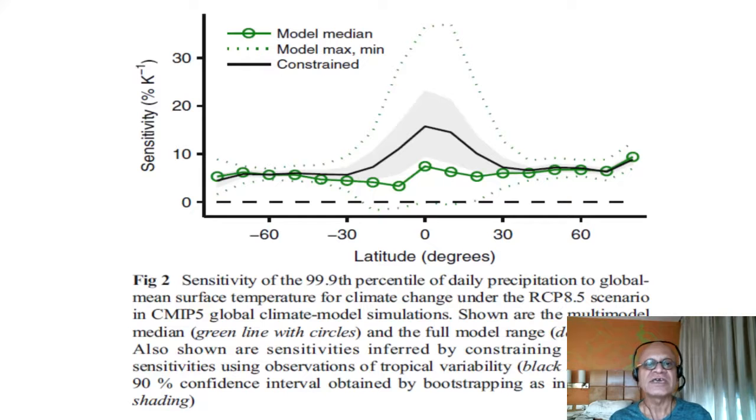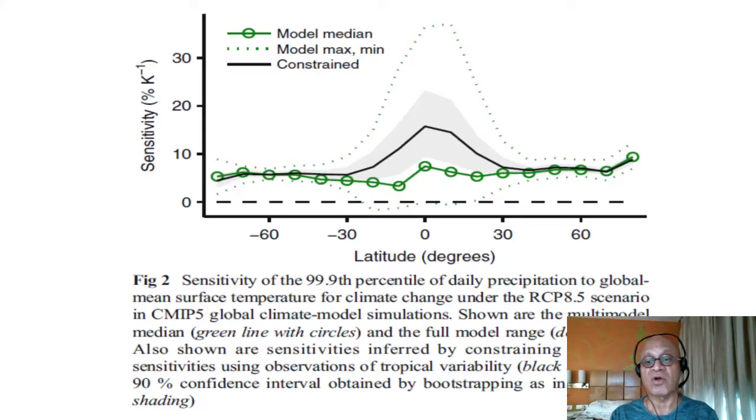So here again, looking at the models now, sensitivity of the 99.9th percentile of daily precipitation to global mean surface temperature for climate change under the RCP 8.5 scenario, which is 8.5 watts per meter squared imbalance resulting in 2100 from the representative concentration pathway, which basically corresponds to the business as usual scenario.